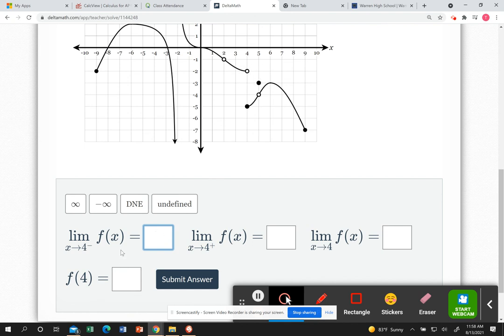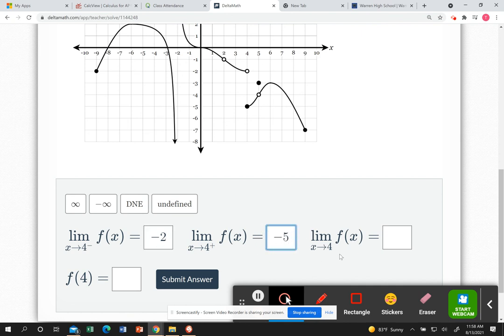Negative 2. All right, next. What does it mean by this right here? You are approaching 4 from the right side. Here's the imaginary line 4. From the right side, you're getting close. What is your f of x value? That should be negative 5.